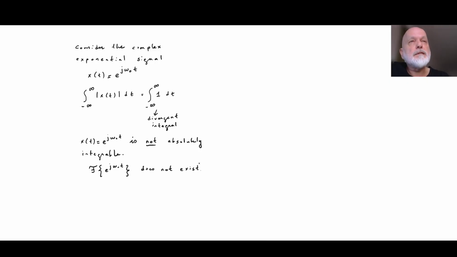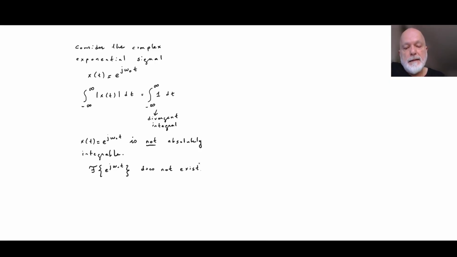But we are going to see that the Fourier transform of this signal can be expressed in terms of the impulse, which is a singular function, remember, which has infinite magnitude at a certain point where the impulse is defined. So how do we obtain that result?